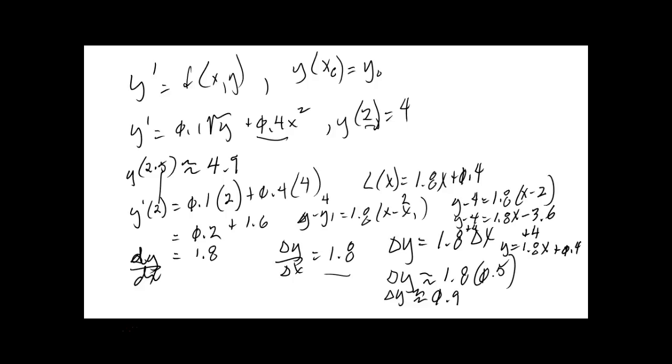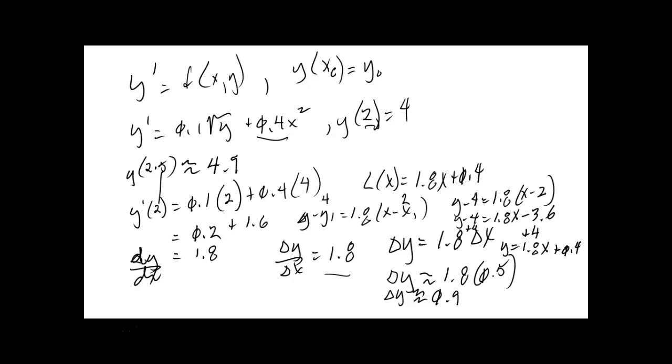So if you put a 0.1 in here, then your 1.8 times 0.1 would be 0.18 plus 0.4. Okay? So that would be 0.58. Okay? So your y is then 0.58. Okay?